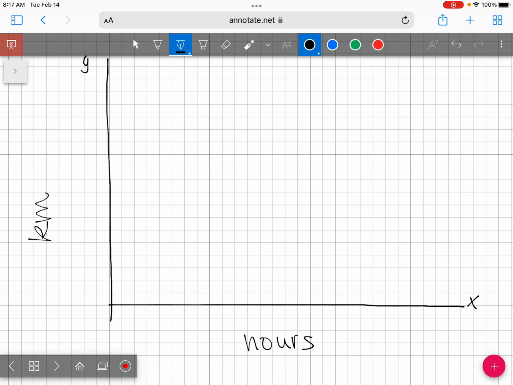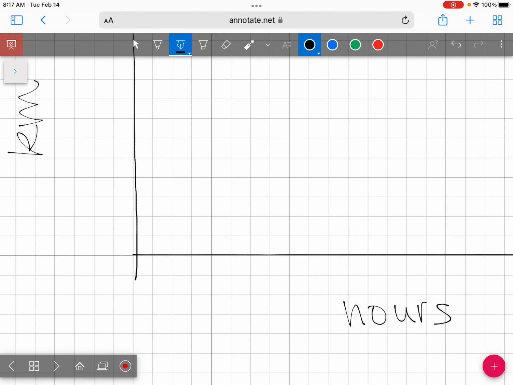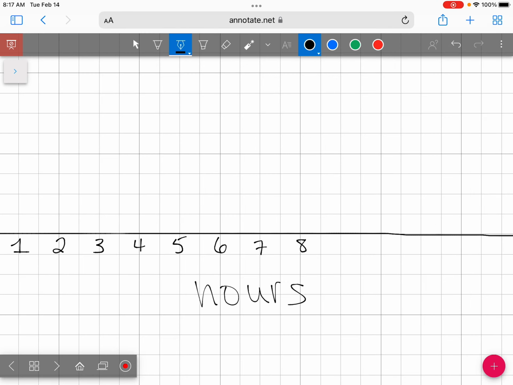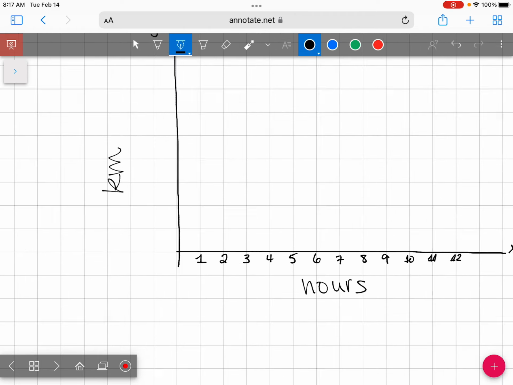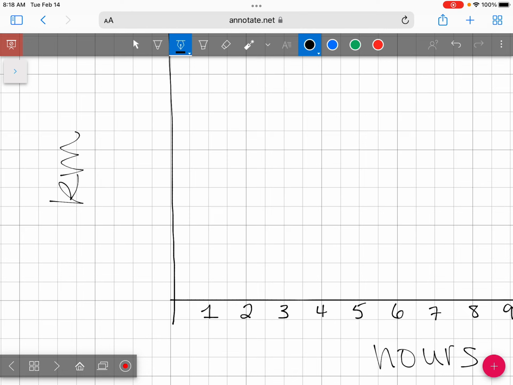We're going to count every 2 as 1 hour, okay? 1, 2, 3, 4, 5, 6, 7, 8, 9, 10, 12. I'm going to go out to 12. Okay. And then I'm going to go every 15 for my y-axis.